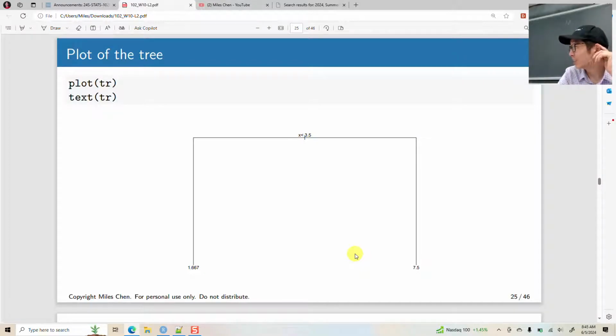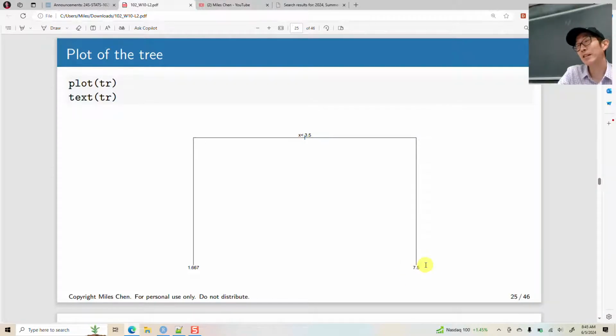Okay, you can plot the tree. This is the dumbest plot. Basically, it just says, here's a question: is x less than 3.5? And if the answer is yes, you go down the left side and you'd predict 1.667. And if the answer is no, you go down the other side and you'd predict 7.5.